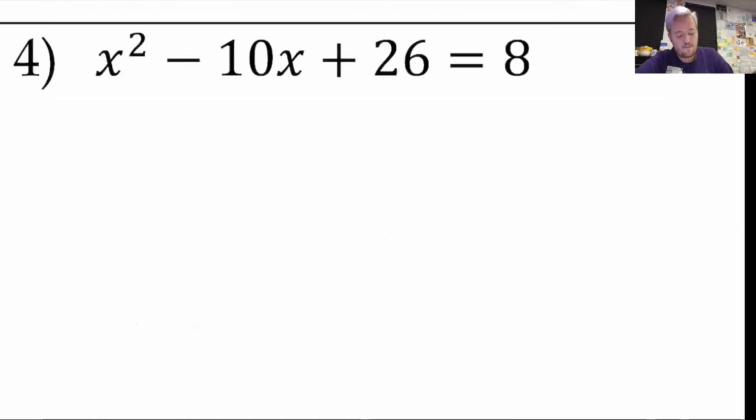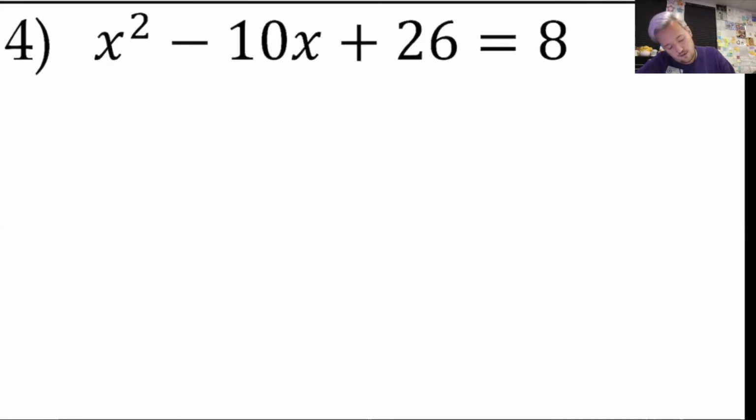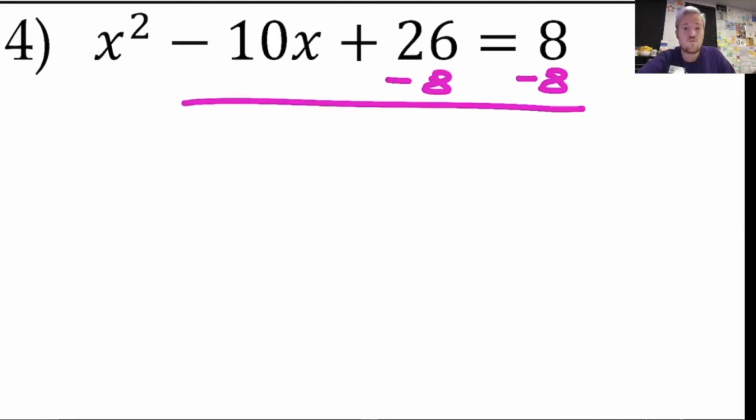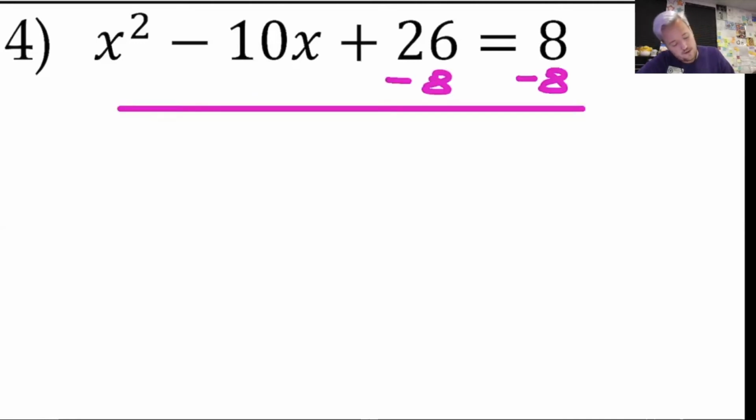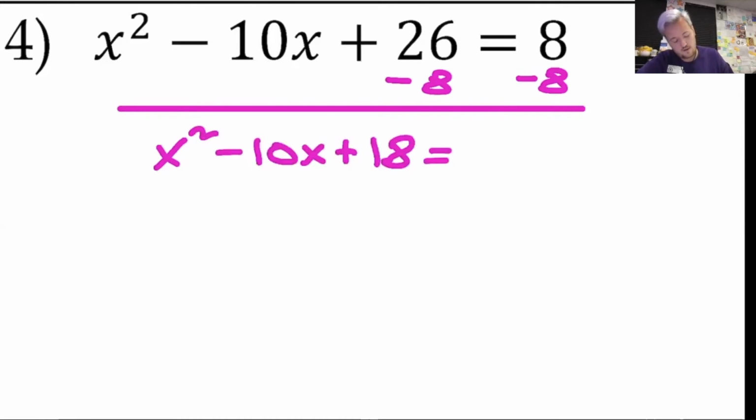Alrighty. So looking at this next one here, we have x squared minus 10x plus 26 equals 8. So we got to put it in standard form, so I have to move over that 8. So when we subtract, I'm going to have x squared minus 10x plus 18 equals 0.